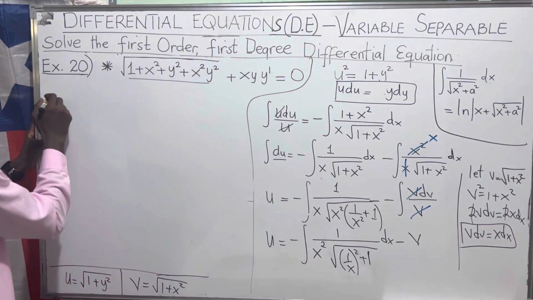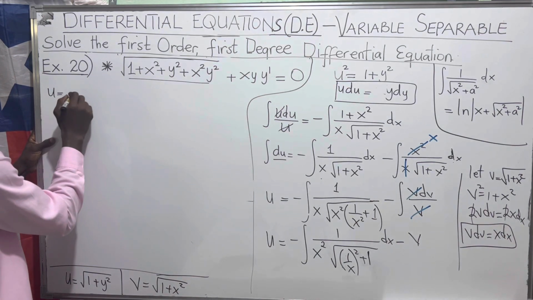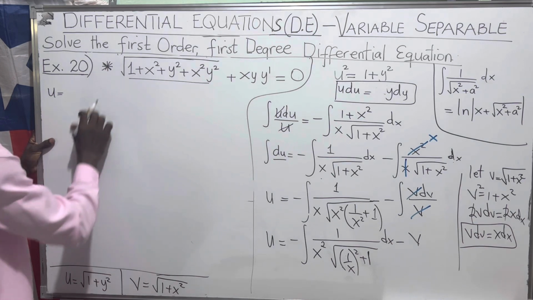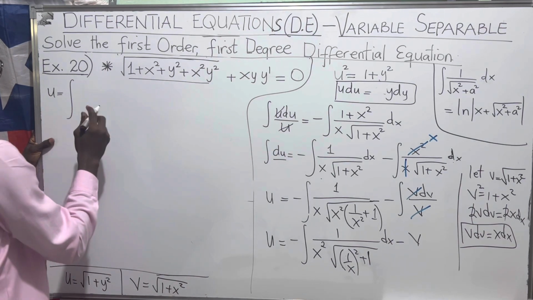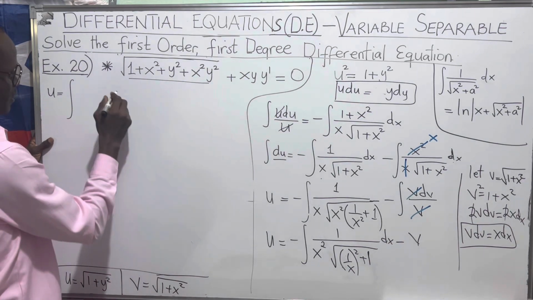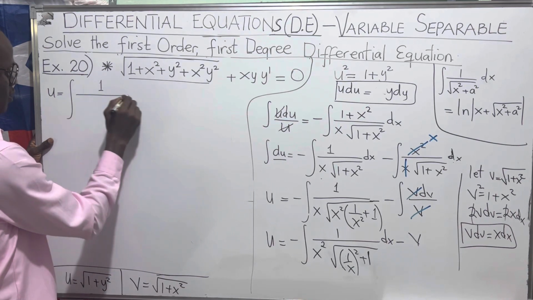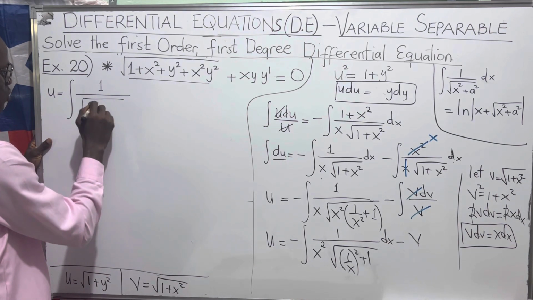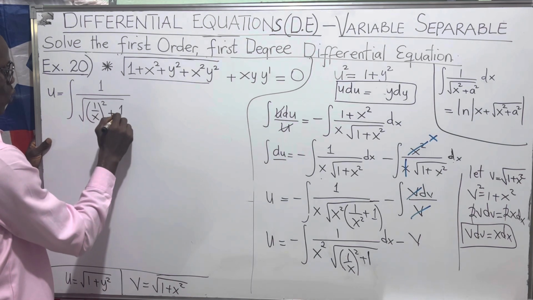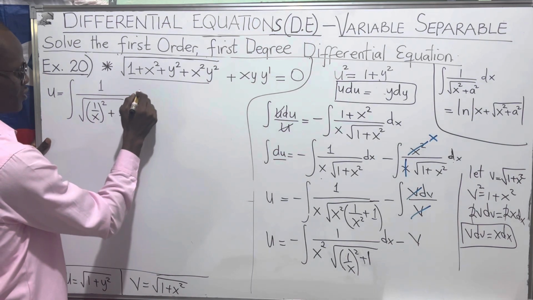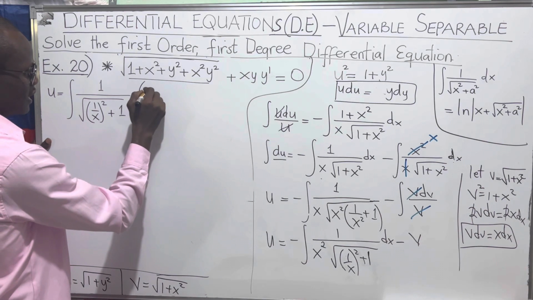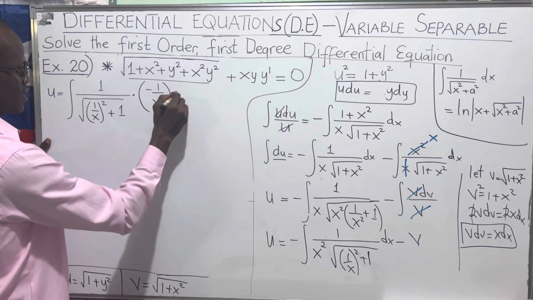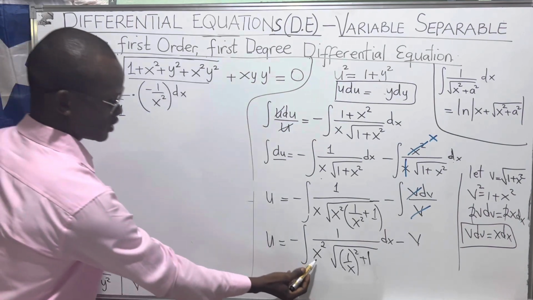Now, we have u equals minus the integral of, let's attach it to that dx, 1 all over the root of (1 over x) all squared plus 1, times negative 1 over x squared dx, which is this expression now.